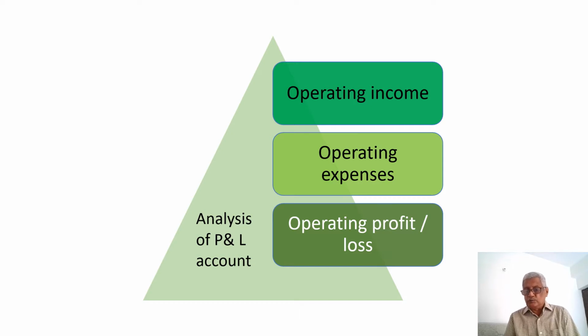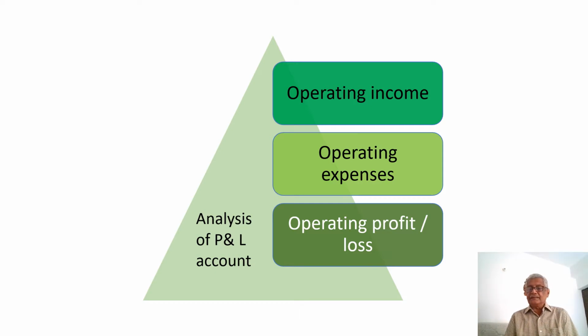So what we do in the profit and loss account statement analysis is we remove all income which is not related to the core activity or the main activity. So we find out the operating income, that is the income generated from the operation of the unit, that is the core activity.